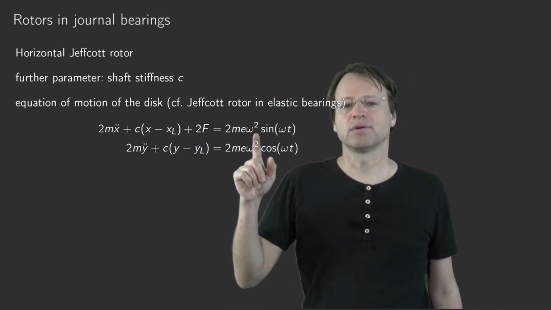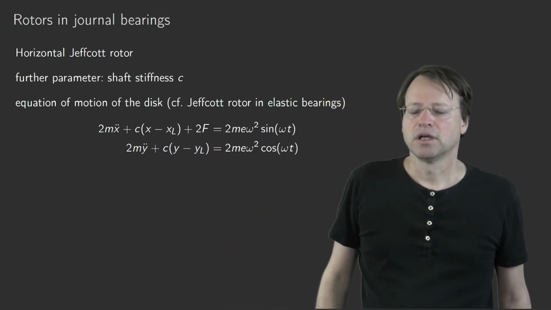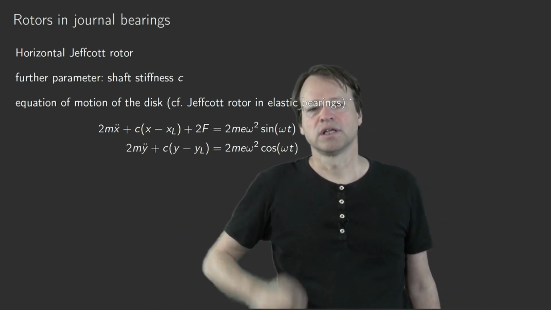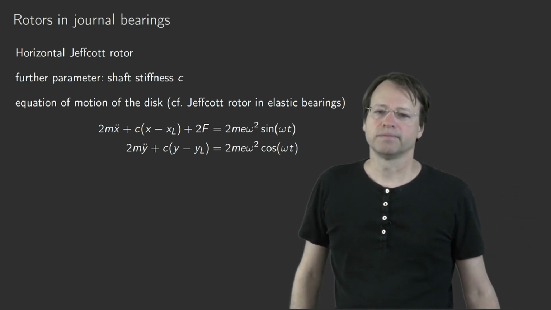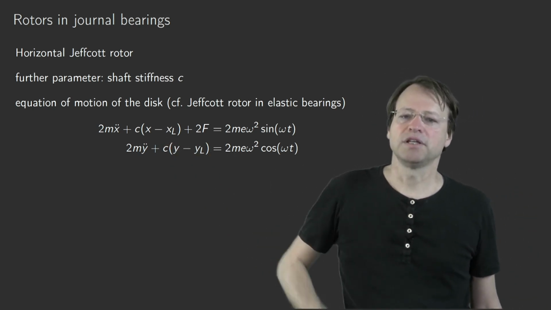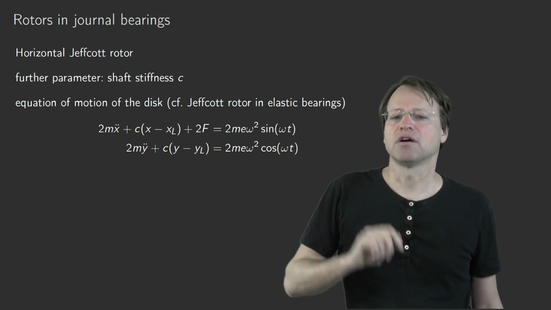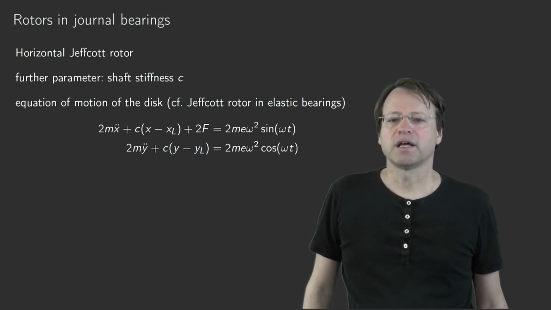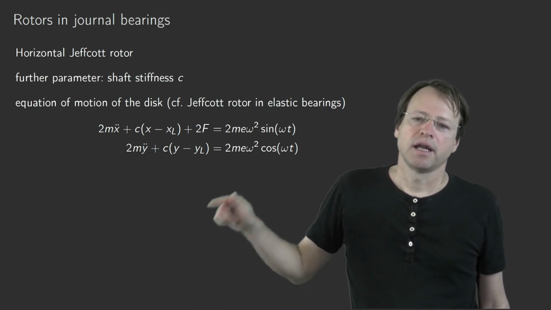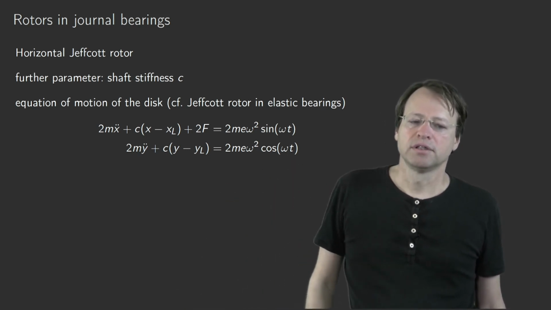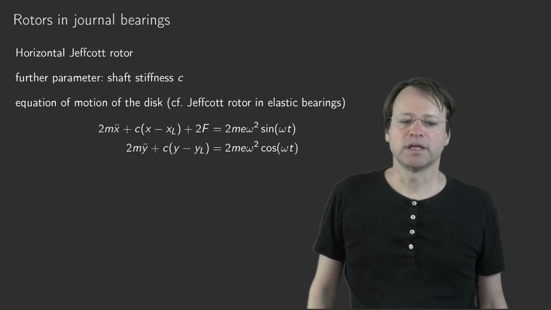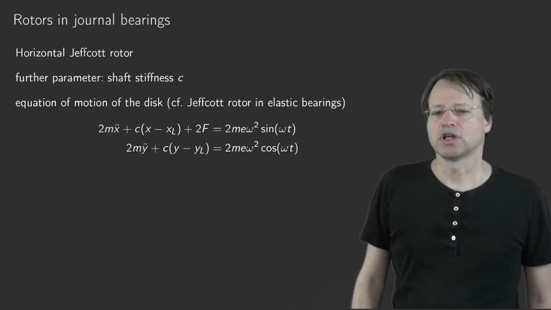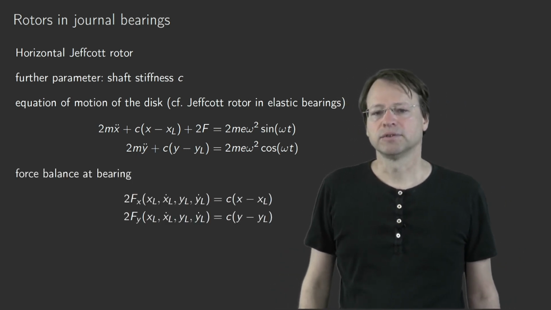Therefore everything related to E is with respect to the disk, with respect to this X, the displacement of the connection point between shaft and disk. And now we have to add a force balance at the position of the bearing, between the bearing forces on the one hand and the restoring force of the shaft on the other hand.